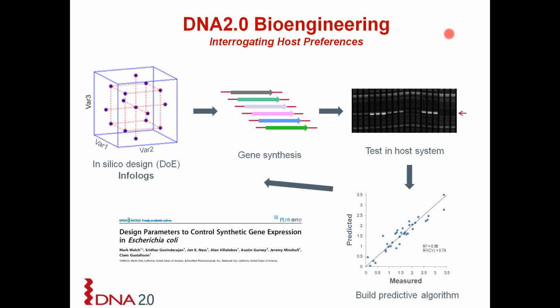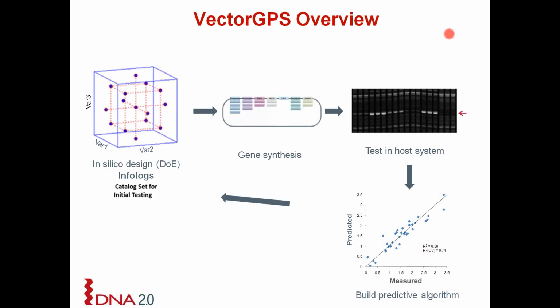We'll touch on all of them today. From these, we're able to build predictive algorithms. Our work for our codon optimization was published in PLOS One, and we're currently working on publishing for our Vector GPS services. So this is just an overview of what it looks like specifically in the context of the vector.